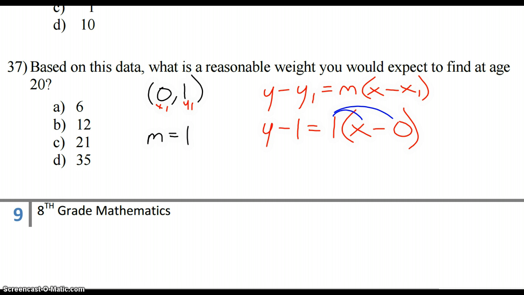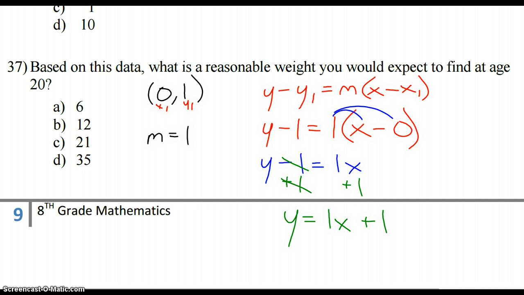When you multiply by 1, you get the same thing, but 1 times 0 leaves us with nothing. So I will say we have 1x over here and y minus 1. And to solve for y, to put it into slope-intercept form, I'm going to add 1 to both sides. So y equals 1x plus 1.